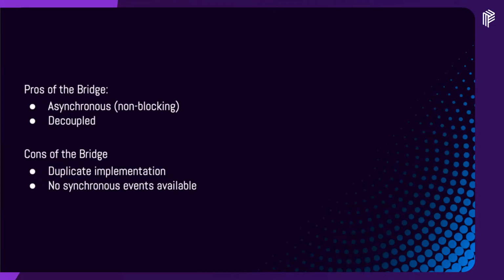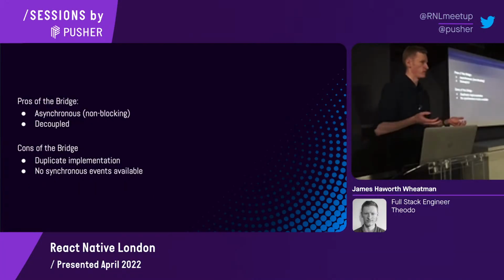So the good things about the bridge: it's asynchronous, so it's not going to block my UI thread waiting for synchronous events. Another really cool thing is that it's decoupled. As long as you follow the React bridge command interface, you can use the React Native bridge to render native components because it is just a renderer.